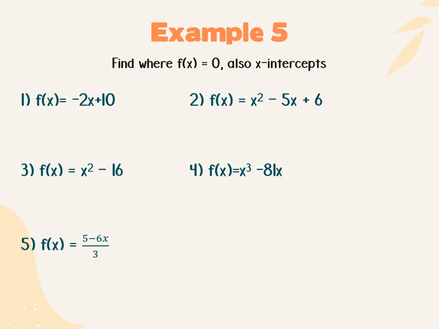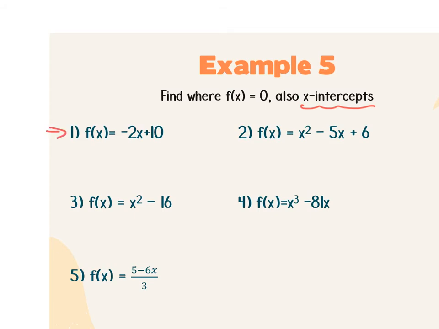All right, so the other day we learned that in order to find an x or a y-intercept, remember you plug in zeros. So when we want to find the x-intercept, I set y equal to 0. When I want to find the y-intercept, I set x equal to 0. Here it wants me to find the x-intercept, which all I'm really doing is setting my function equal to 0. Because again, remember, this function here is really saying y equals negative 2x plus 10.